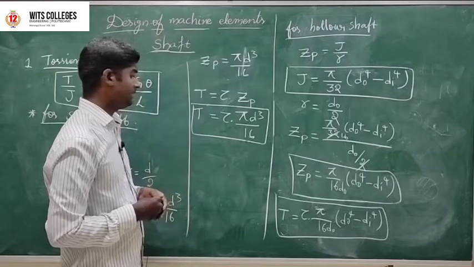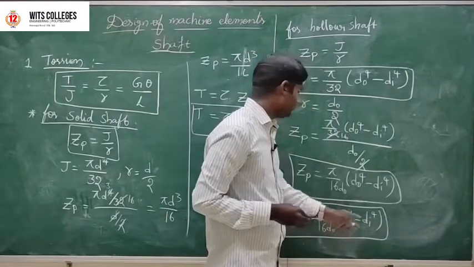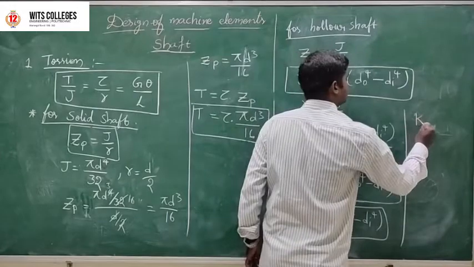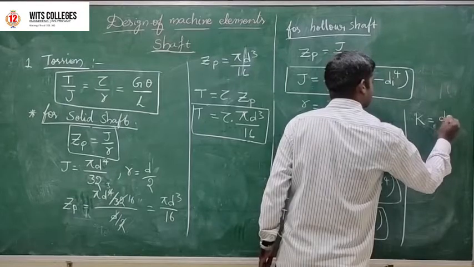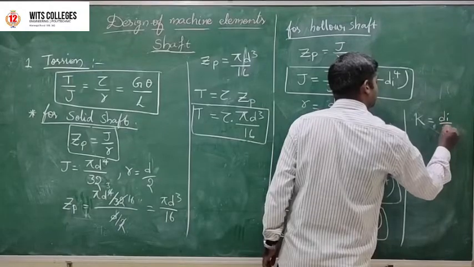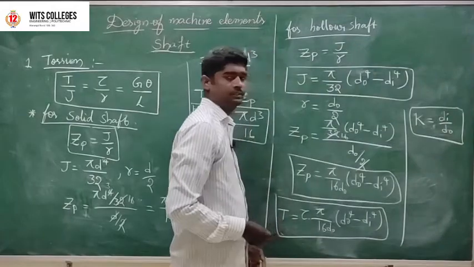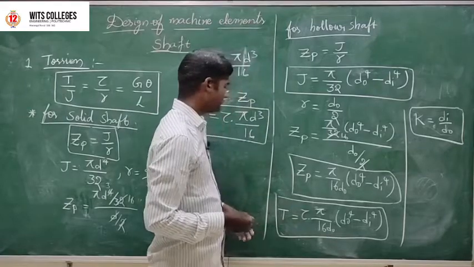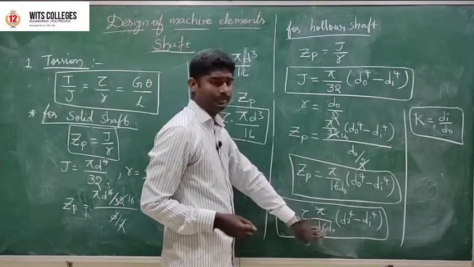Next, considering the constant K is equal to Di by D naught, inner diameter by outer diameter, T is equal to tau into ZP.